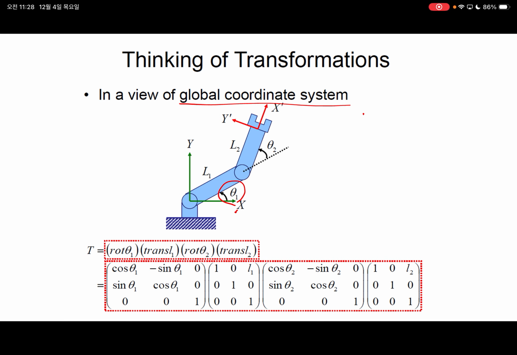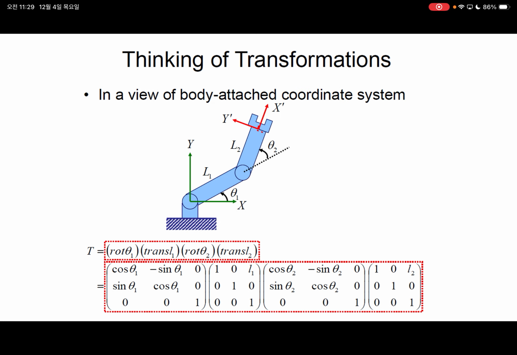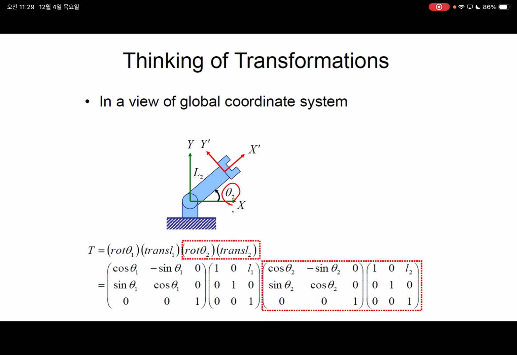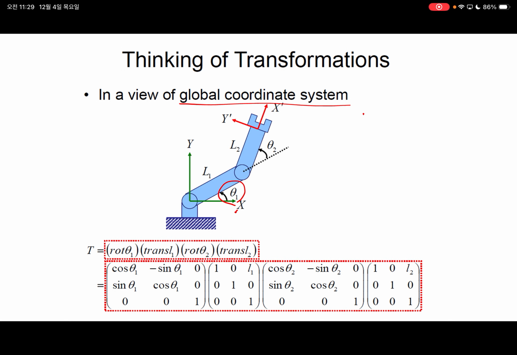There are different coordinate systems, and the first one tries to interpret this equation for each joint. Each joint has a different coordinate system, so it tries to interpret this equation in a view of body attached coordinate system. And the second perspective tries to interpret this equation in a global coordinate system, the green one. You can see theta 2, theta 1 are always applied on the global coordinate system in the green axis.